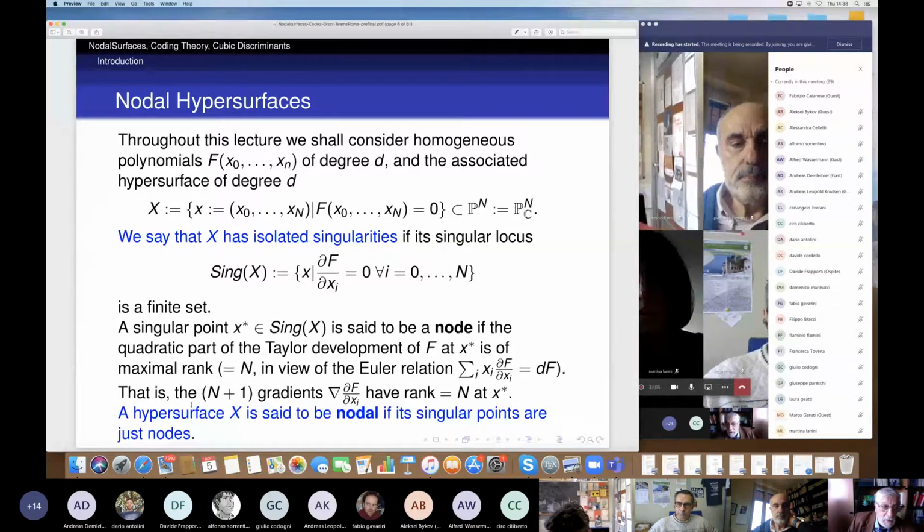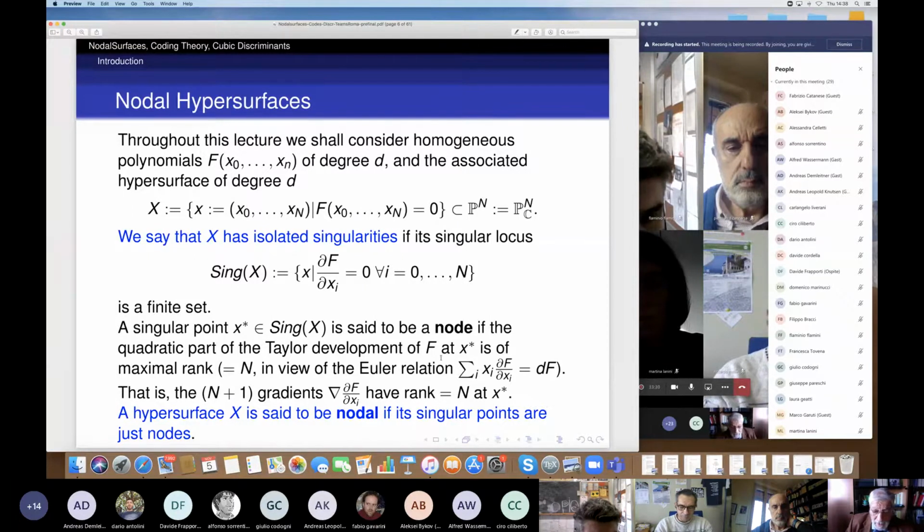Now, what is a node? I want to explain what a nodal hypersurface is. A hypersurface is nodal if its singular points are just nodes. A singular point x star, the vector x star in the singular set, is a node if the quadratic part of the Taylor development of f at x star is of maximal rank. This is well known, except you have to take projective space of dimension n.